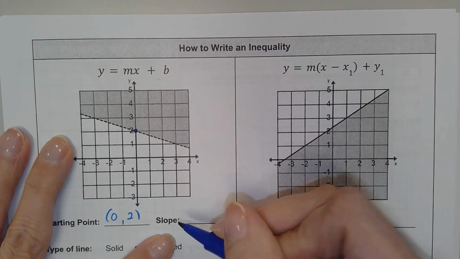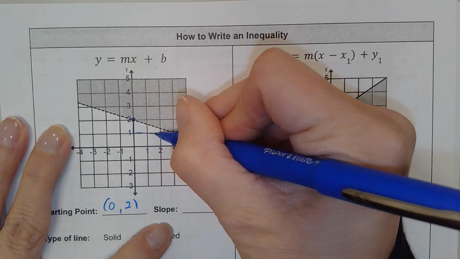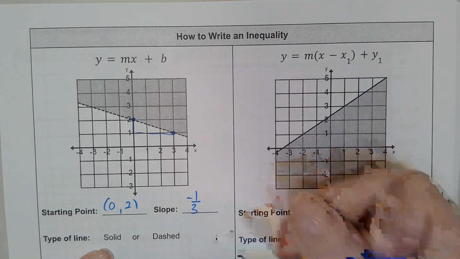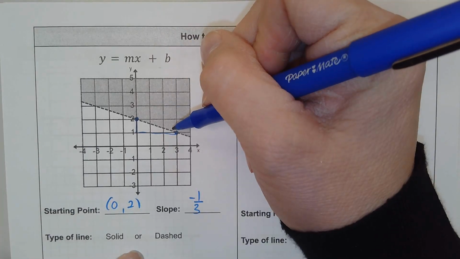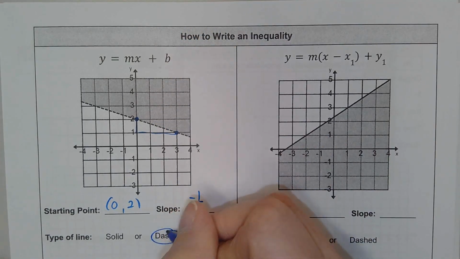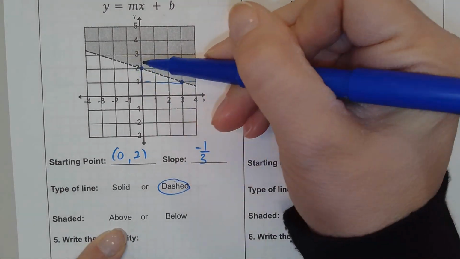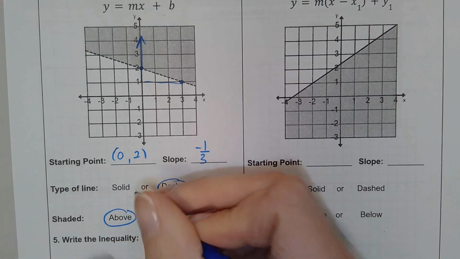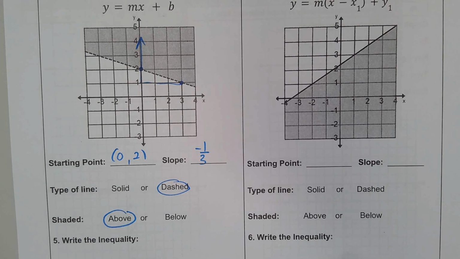And the slope of this line is down 1 over 3. Okay. Did they draw a solid or a dashed? They drew a dashed. Did they shade above or below? They shaded above.